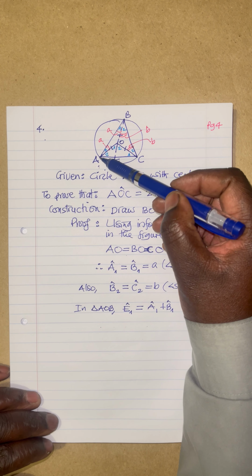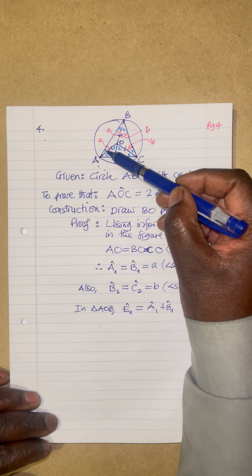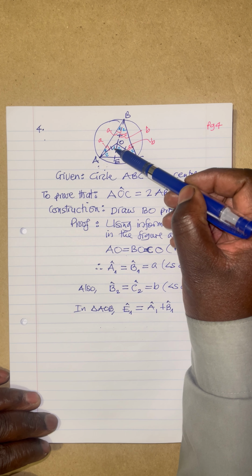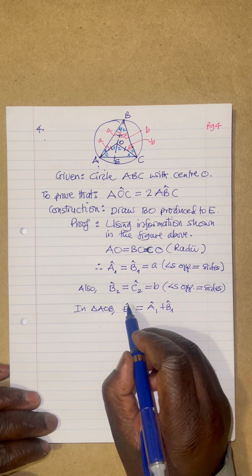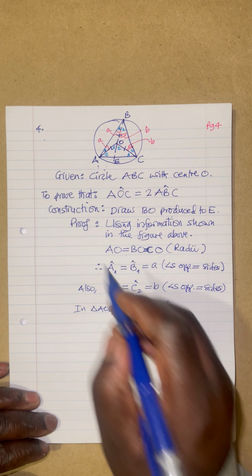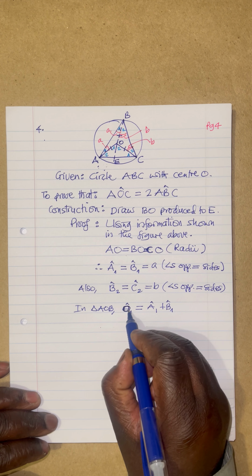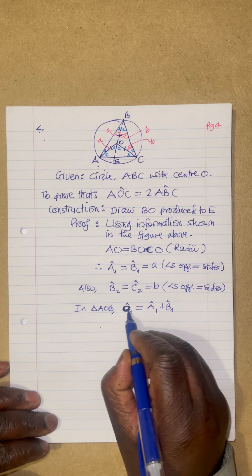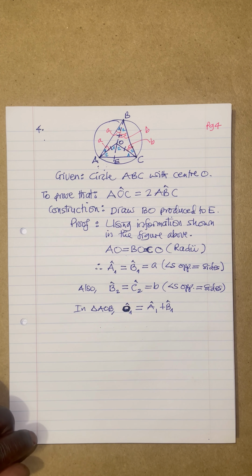Angle O1 actually, not E1, angle O1 here. This is angle O1. E is outside there, but I'm focusing on angle O1. Angle O1 equals A1 plus B1. You can see it in this diagram here.